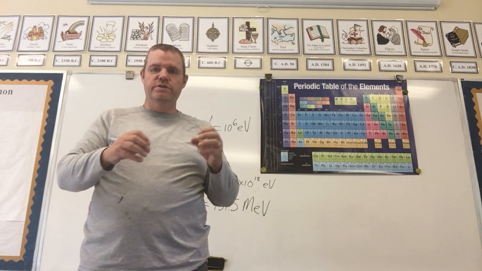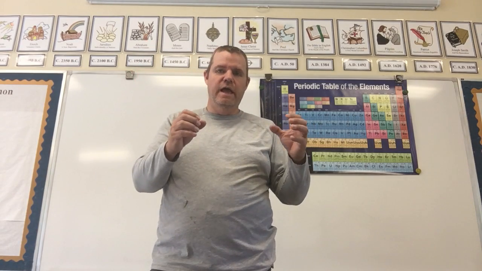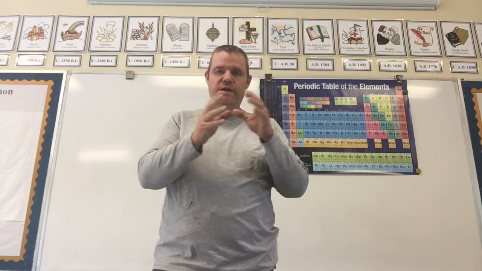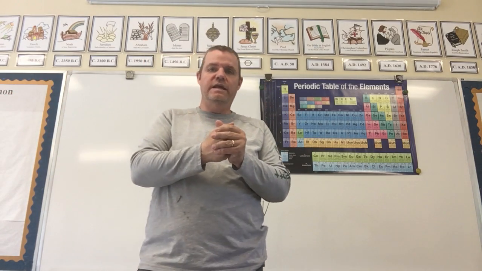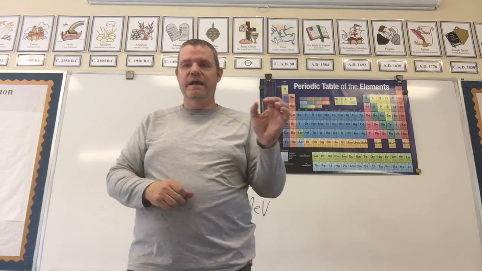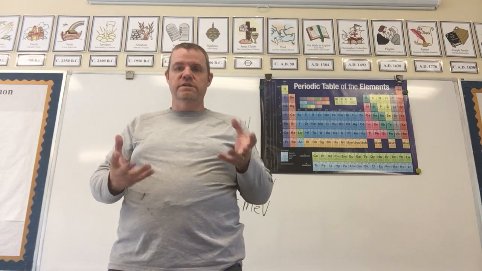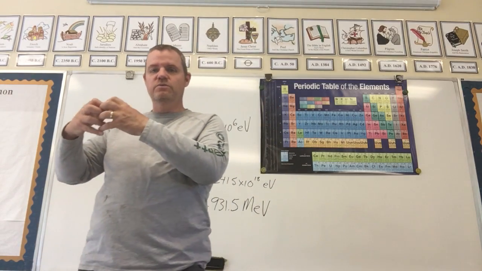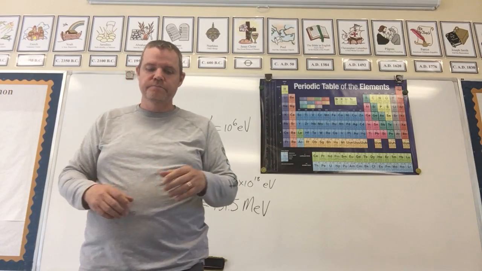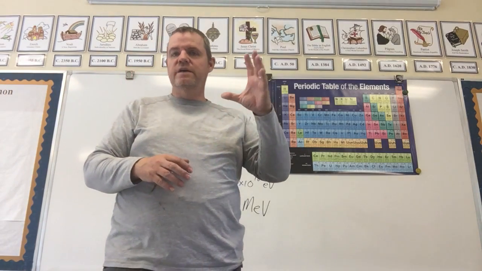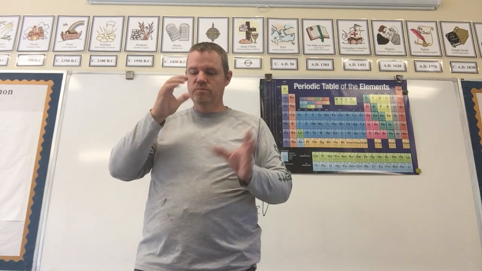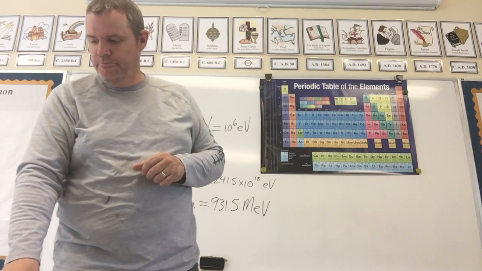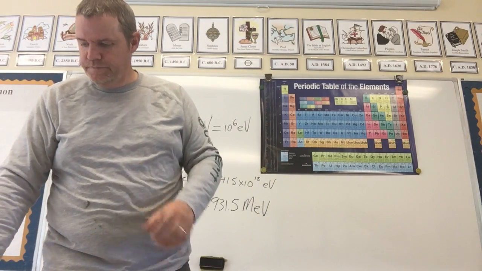And fusion is when you take smaller ones and smack them together hard enough that they get close enough that they stick together, like 2 hydrogen atoms sticking together and creating a helium atom. And the binding energy there is fusion, because they fuse together, instead of fission where they fissure and come apart. And fusion has way more energy there than fission does. We'll get a little bit more into that a bit later.